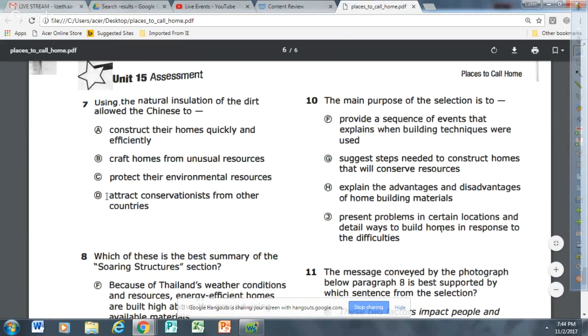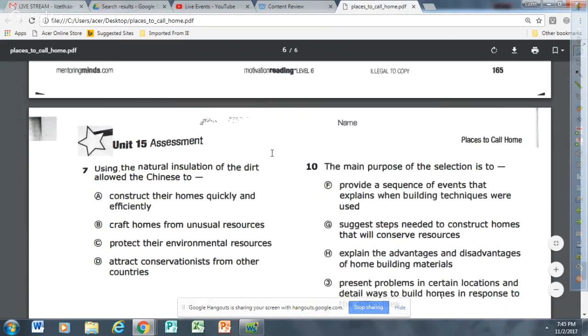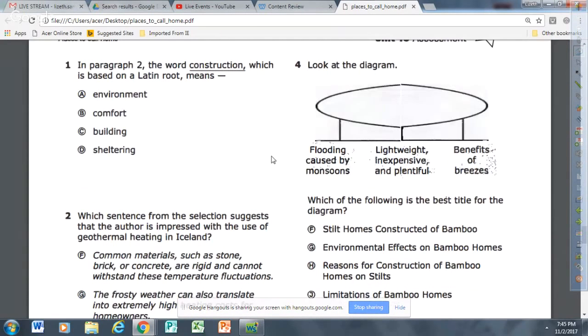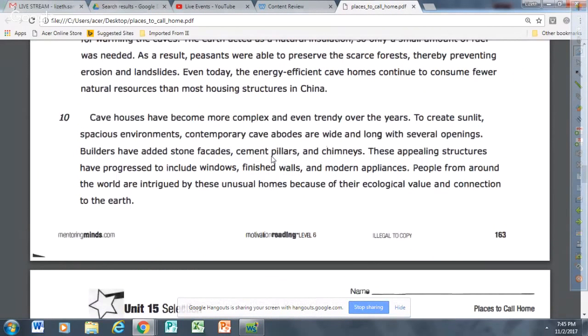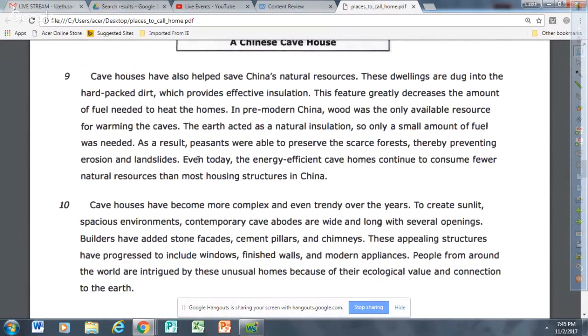If you're not quite sure, let's go ahead and go back up to that section. So let's go back up to the part on the Chinese cave homes. Even today, the energy efficient cave homes continue to consume fewer natural resources than China. Here it talks about the natural insulation. The Earth acted as a natural insulation, so only a small amount of fuel was needed.